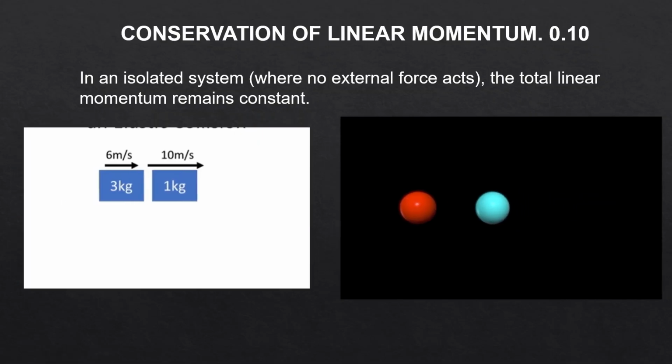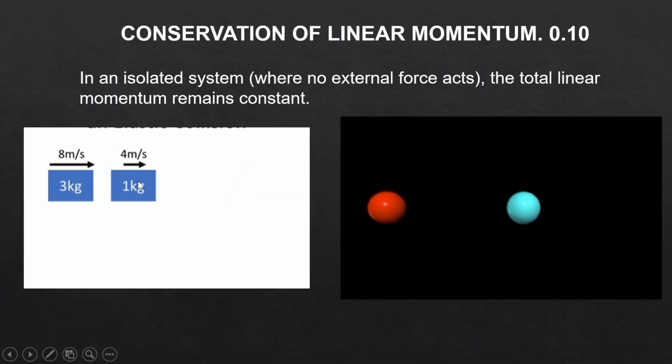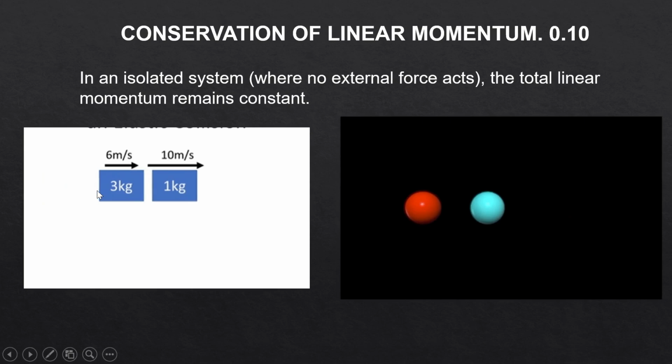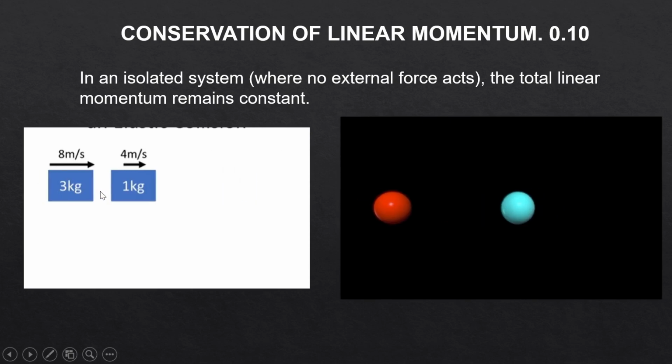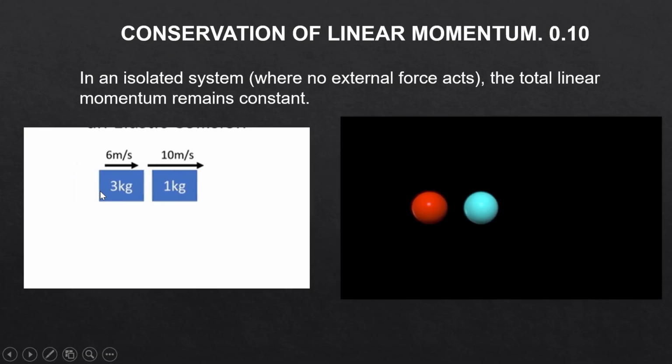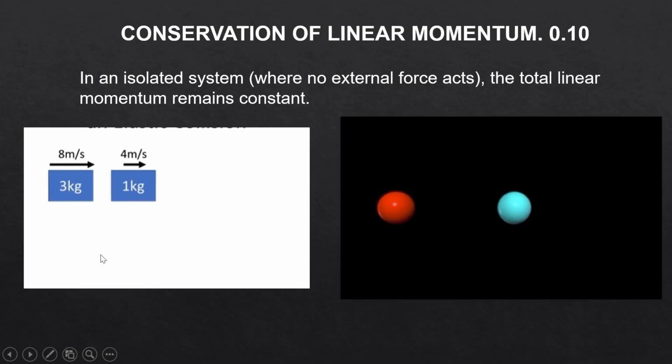Now, moving on, when two bodies are moving, each body must have mass and velocity. But after they have collided, the mass will remain the same, while the velocities will change. Look at this video you're watching.